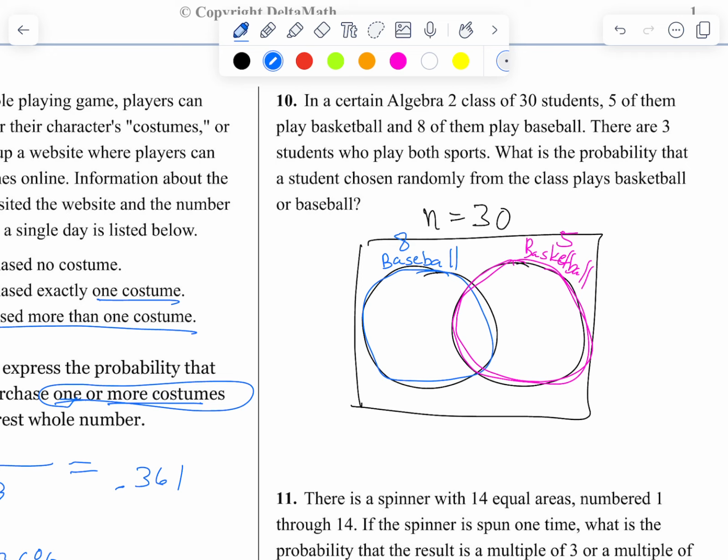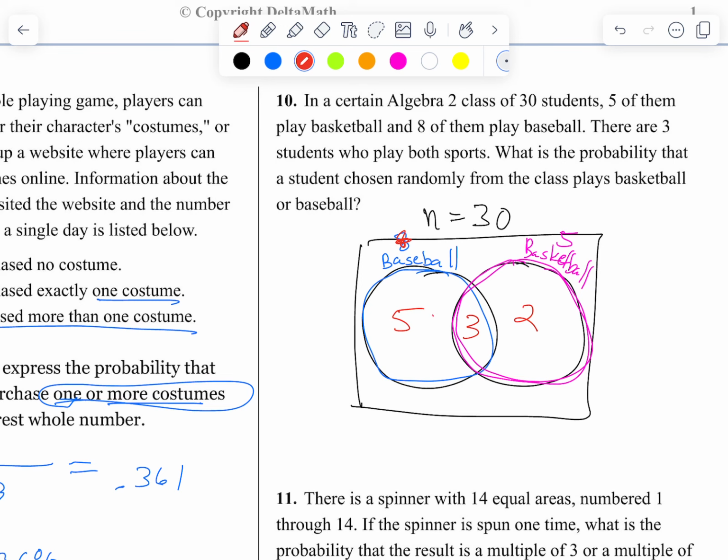They said there's 3 that play both sports. So right here, there's 3 people who play baseball and basketball, but the total of basketball is 5. So that means there's 2 kids who only play basketball but don't play baseball. And then of the 8 baseball players, that means there's 5 of them that only play baseball.